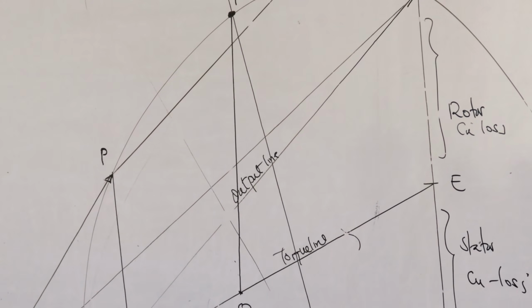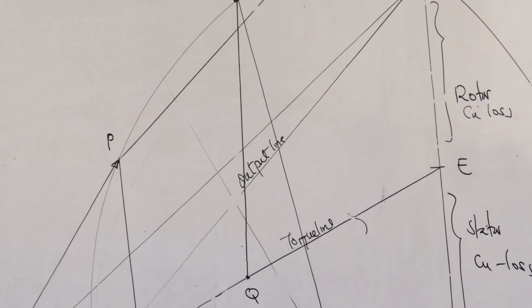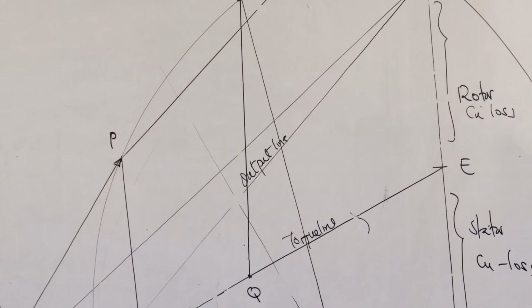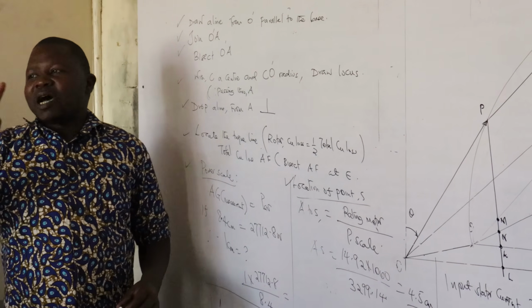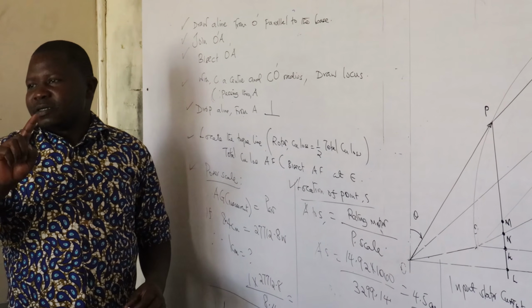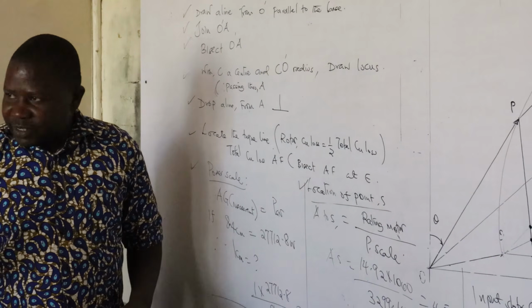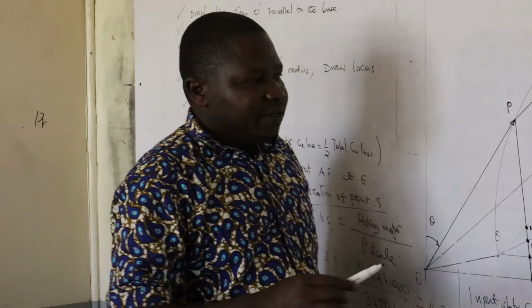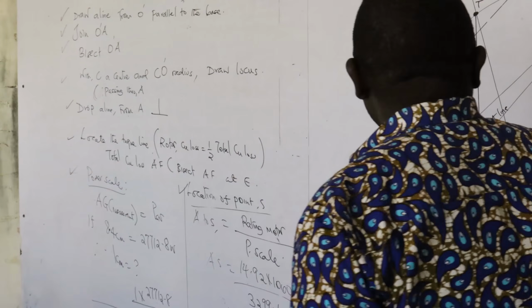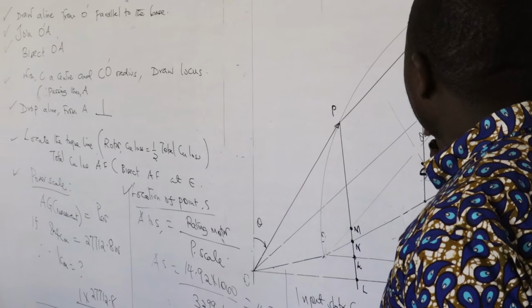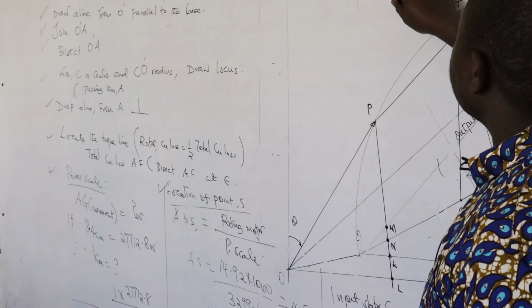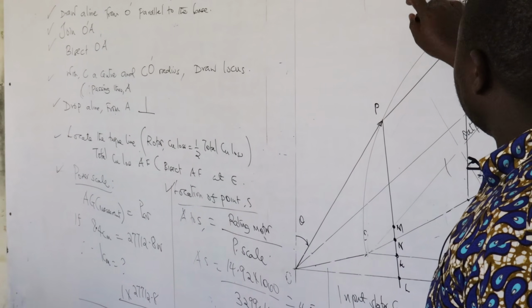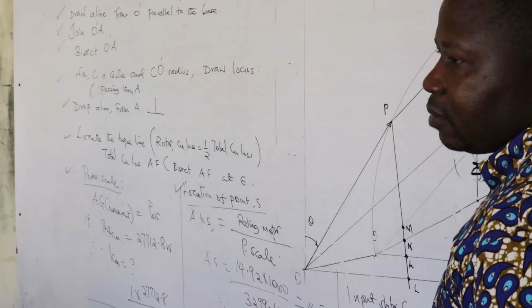The next question says maximum power developed. Same procedure. It's at C, but our reference is output line. At C, our reference is output what? Line. Right? Extend that line out. Drop that back to what?